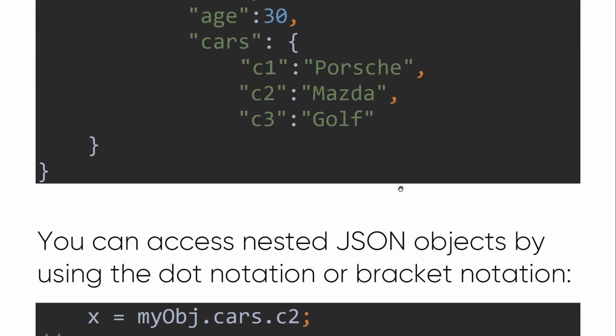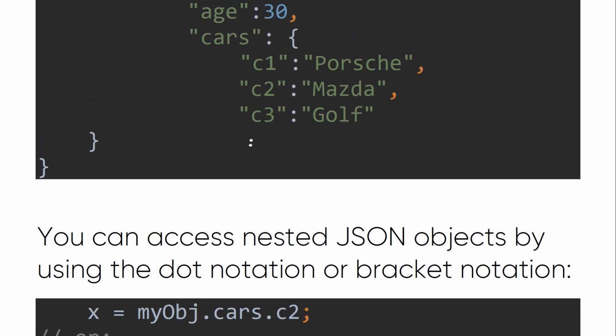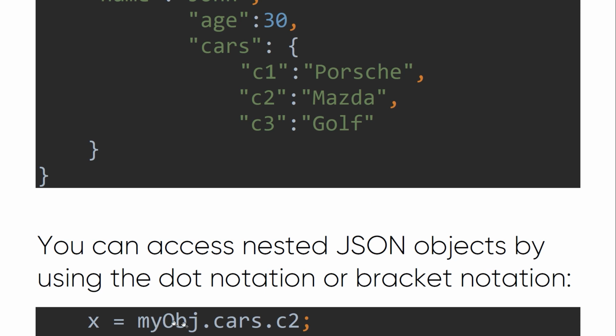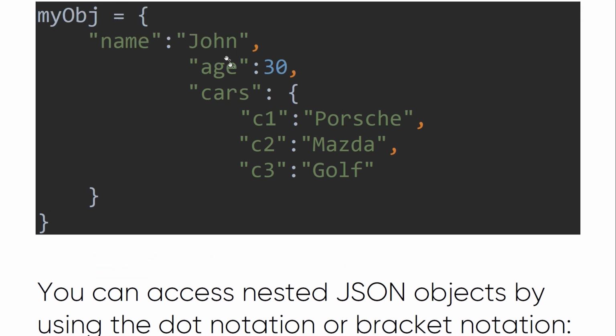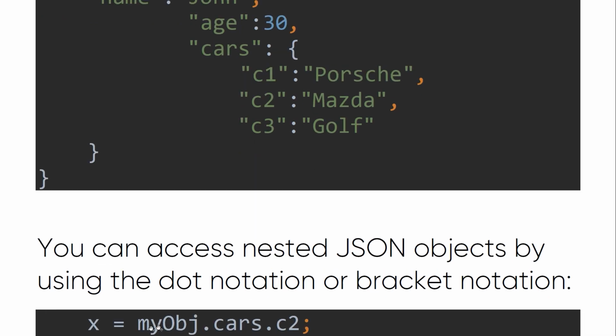As I told you in the first example, in order to access the JSON object, we can put x equal myObject.name, and I get John. But still we have an object here. So inside x, we have myObject.cars.c2.